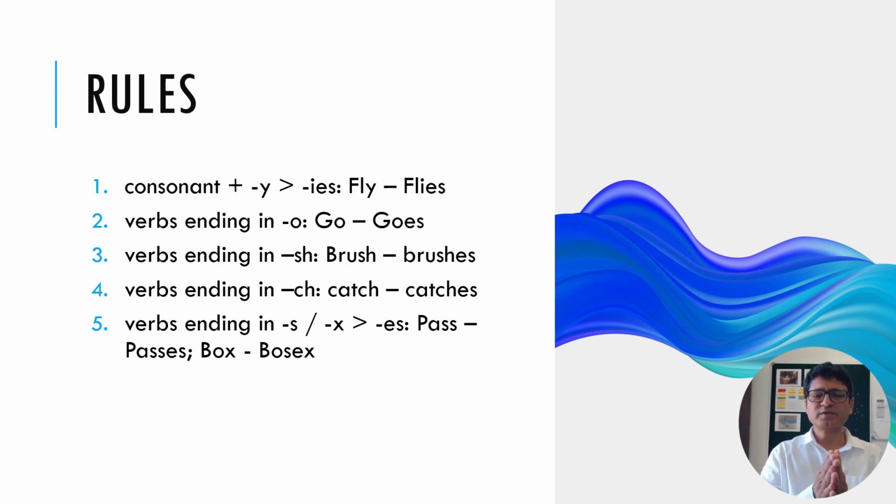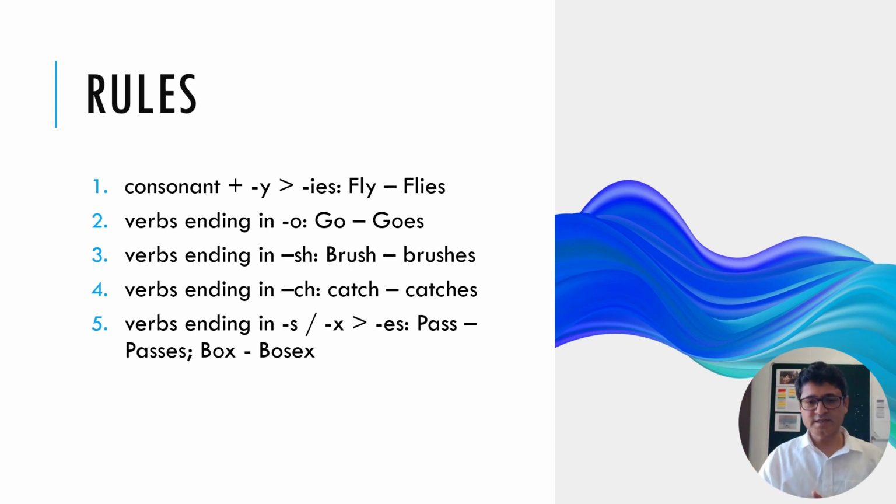Now, these are some of the rules of forming s or es. These are not all, but some of them I have put there. If there is a y, we'll put ies, like fly, flies. If there is o at the end of a verb, we'll put es. Go, goes. You'll put es if there is sh at the end. Brush, brushes. Wash, washes.